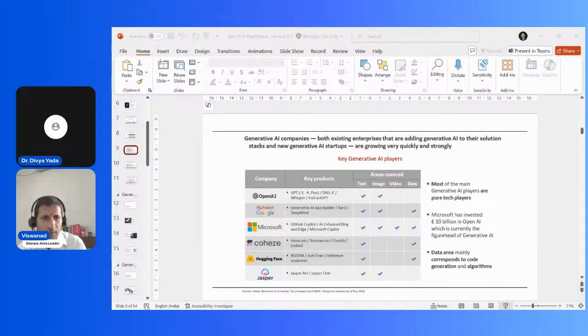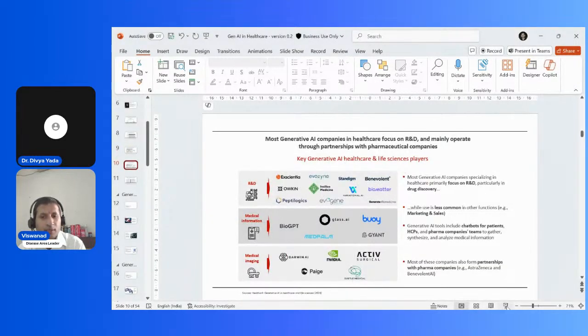So these are the various tech giants collaborated with healthcare and pharmaceutical companies, which have different varying capabilities, right? Because a pharma or healthcare company cannot do it itself, so they are dependent on what is available outside. It also resulted in opportunity for many other players, like R&D, medical information, and medical imaging.